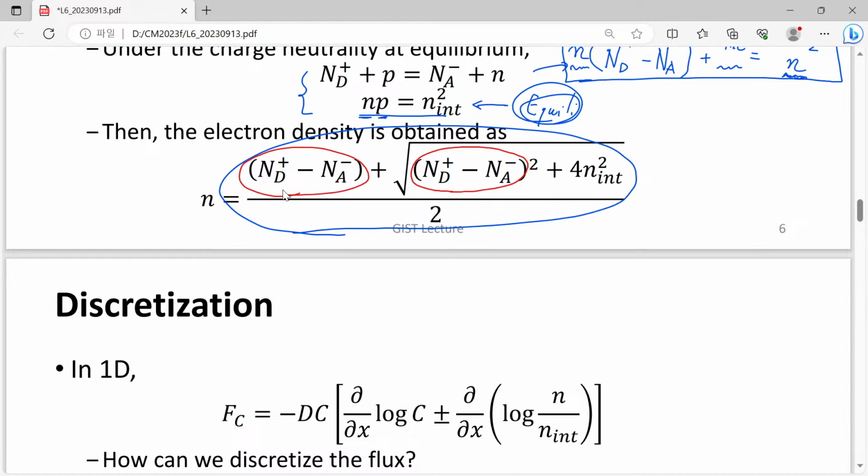Let's assume that you know the doping concentration. Then what happens? Can you calculate the electron density? If you know the net doping, then can you calculate the electron density following this solution?